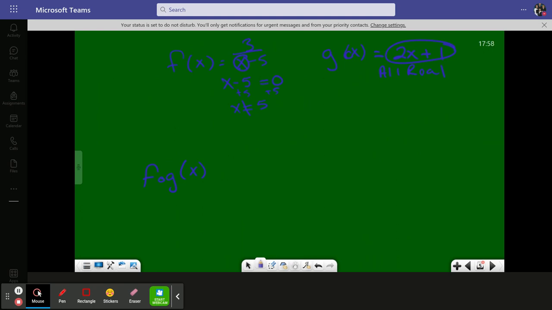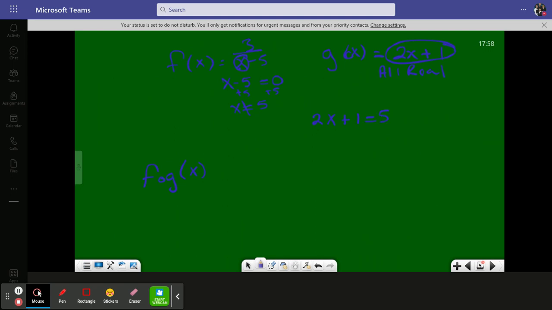So that means that 2x plus 1 cannot be 5. It could be more or less than 5, it just cannot be 5, because I can't have a 5 right there. Does that make sense?